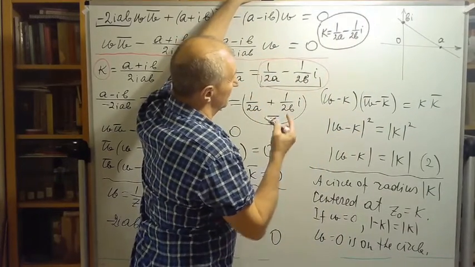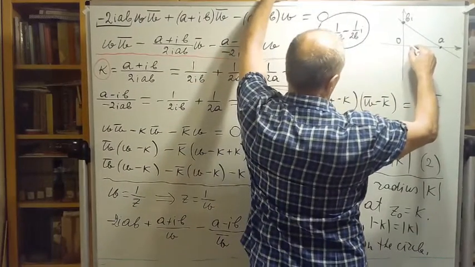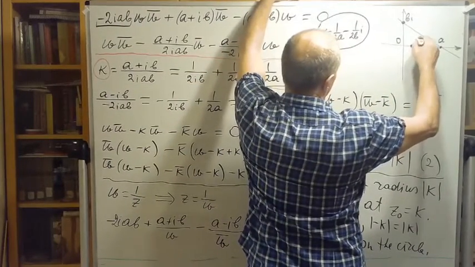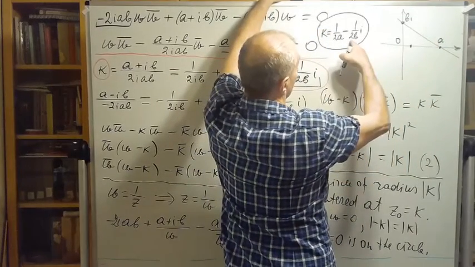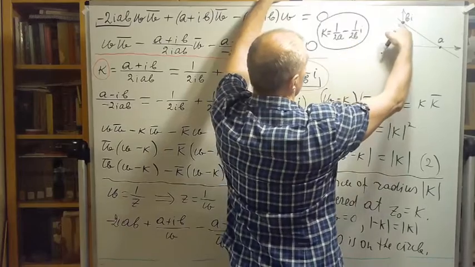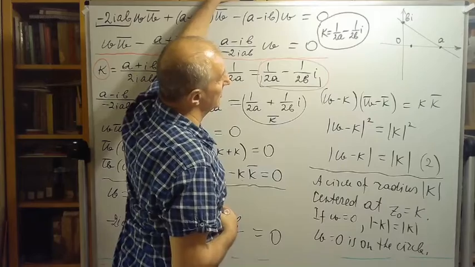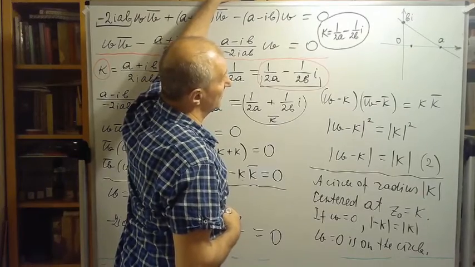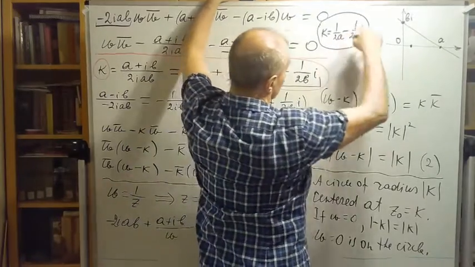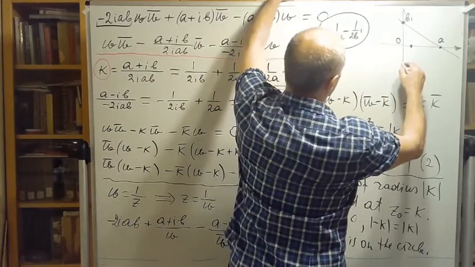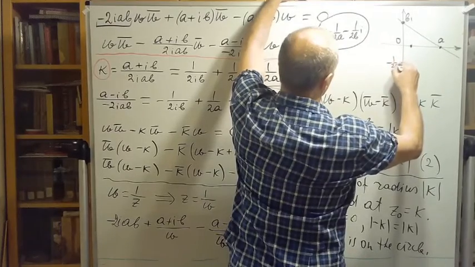Suppose A is greater than 1, then 1 over 2A will be some small number, here for instance. And 1 over 2B, because B is a little bit lesser than A in my picture, will be a little bit greater than 1 over 2A, and it has a negative sign before. So it will be somewhere here, for instance. Negative 1 over 2B i.